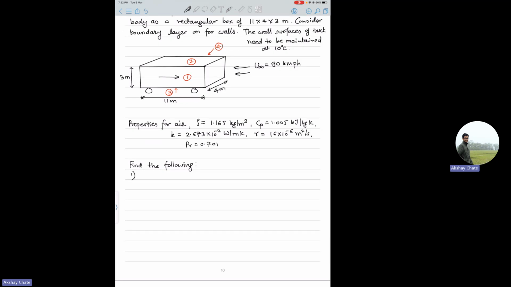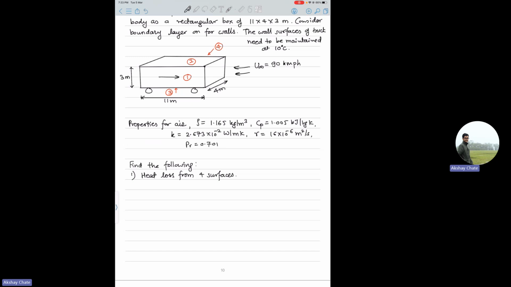First, heat loss from 4 surfaces, because there will be heat coming from the hot ambient to the truck. So to maintain the truck at that temperature, you need to keep on cooling it, right?